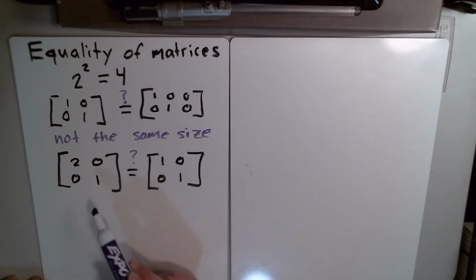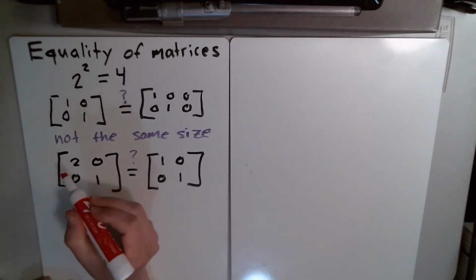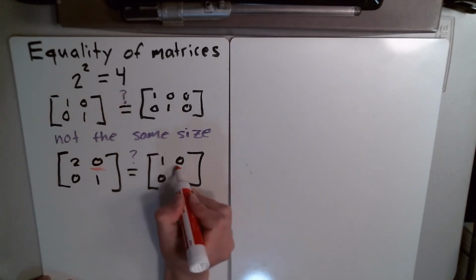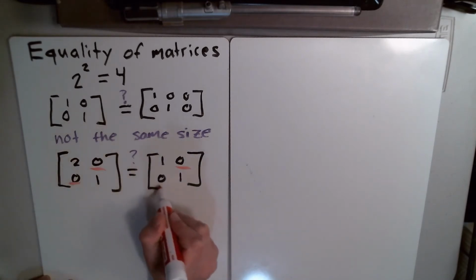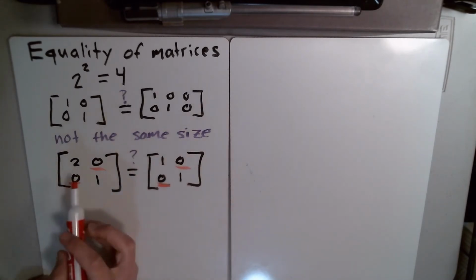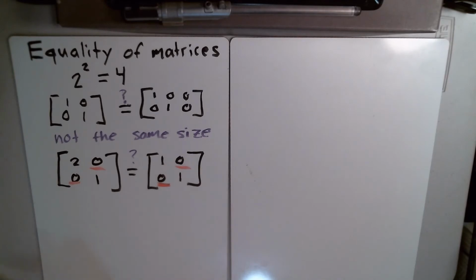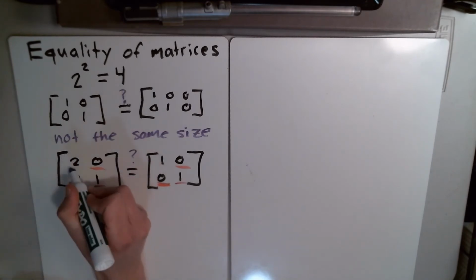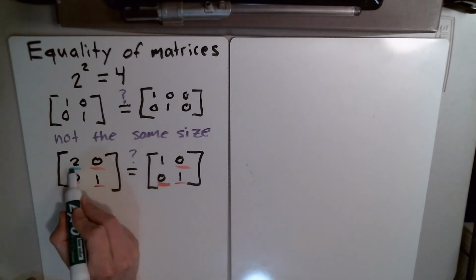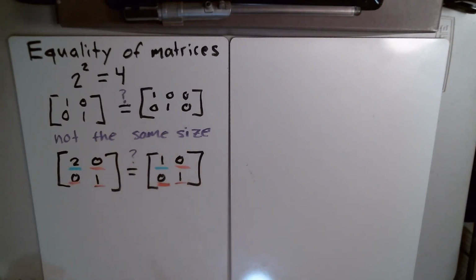Well, not really, because if you look at the corresponding entries, these guys line up. This 0 lines up with this 0, this 0 lines up with this 0. This 1 lines up with this 1, but this 2 and this 1 don't line up with each other.